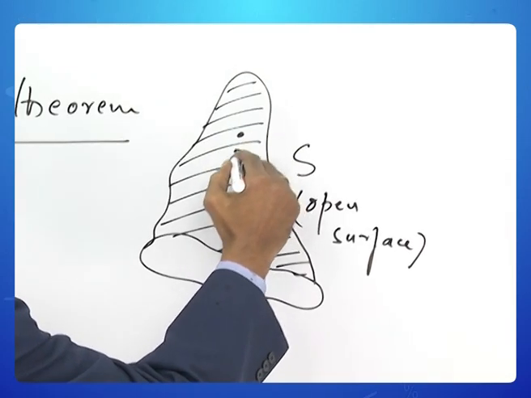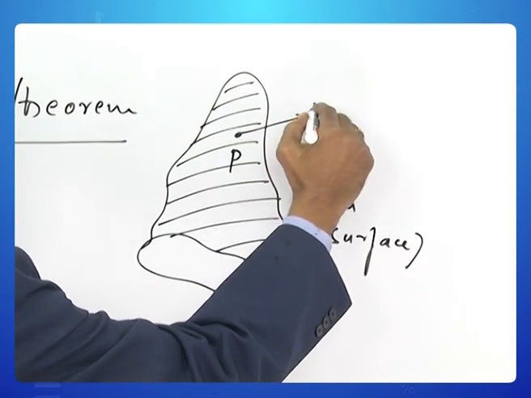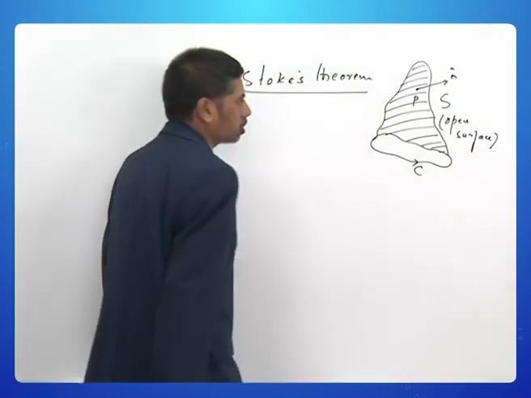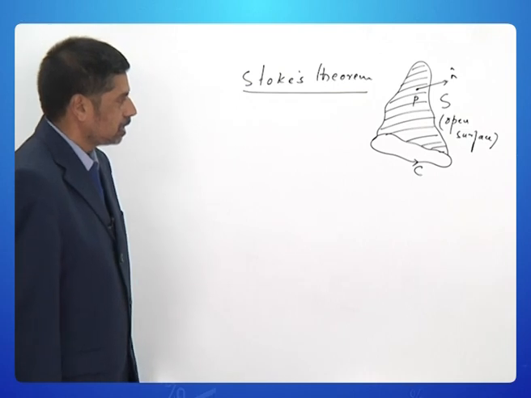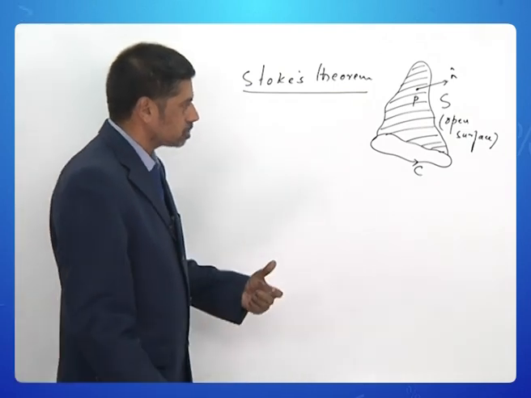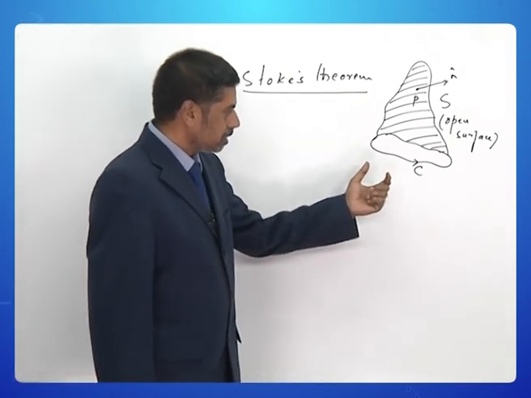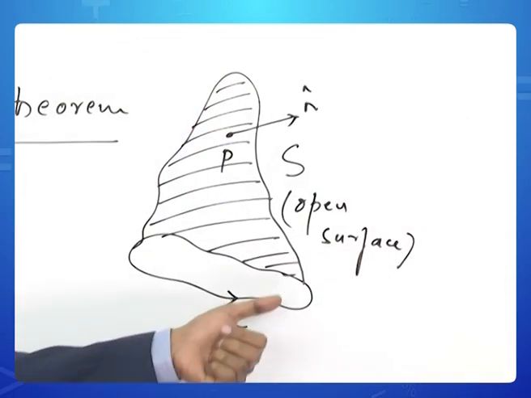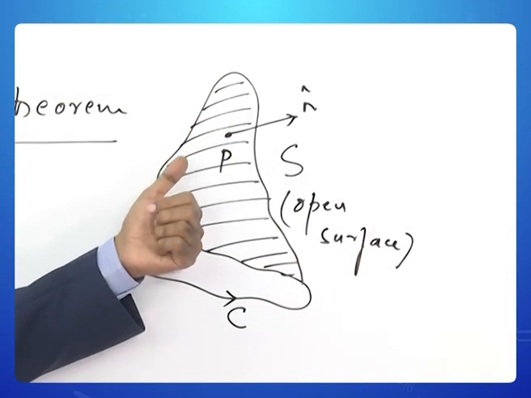If P is a point where the unit surface normal is n cap, then the Stokes theorem gives a relation between the line integral over this closed curve and the open surface S.